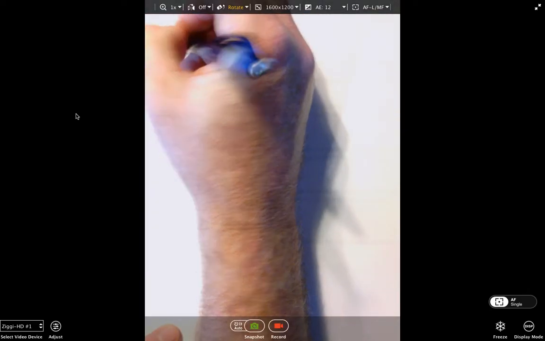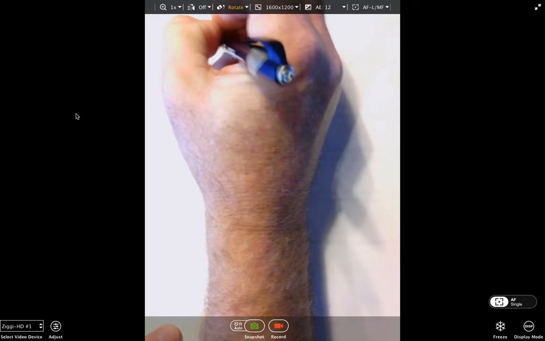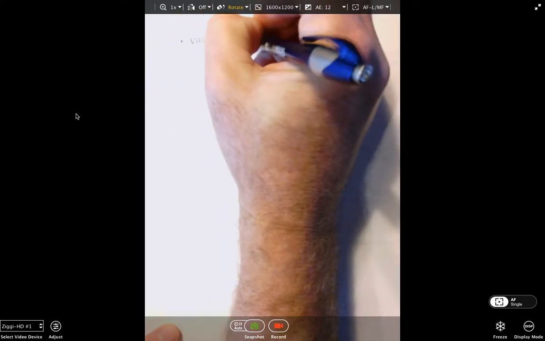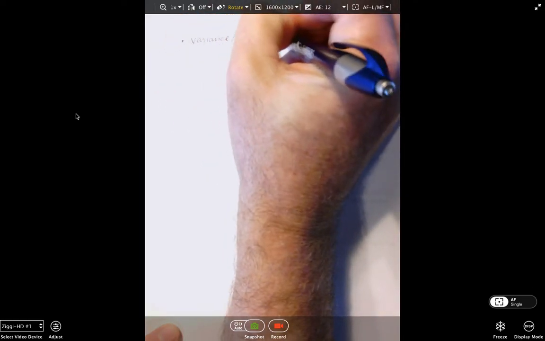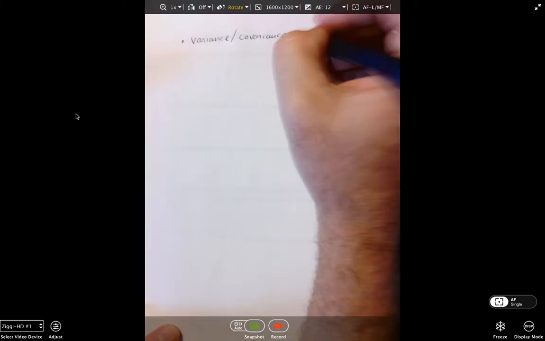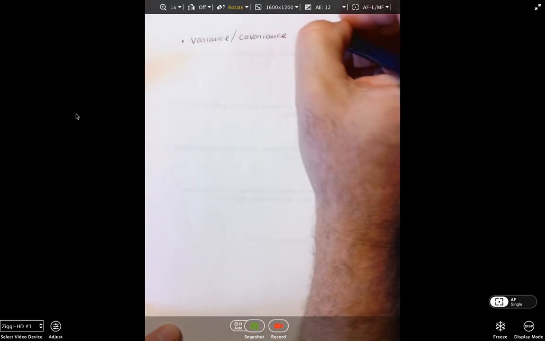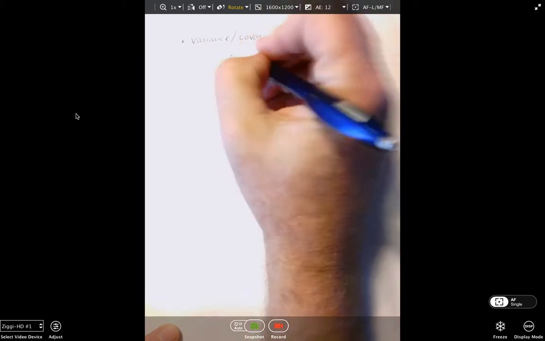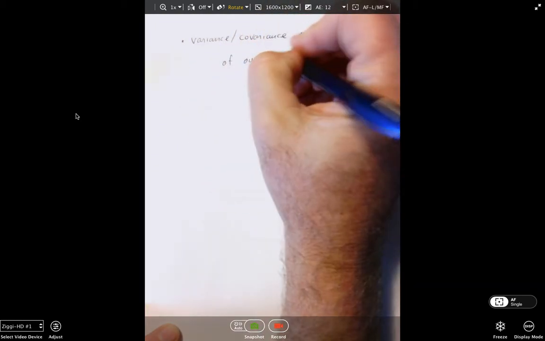Now, back a little further, a little bit more review. We should remember the variance-covariance matrix of our residuals.